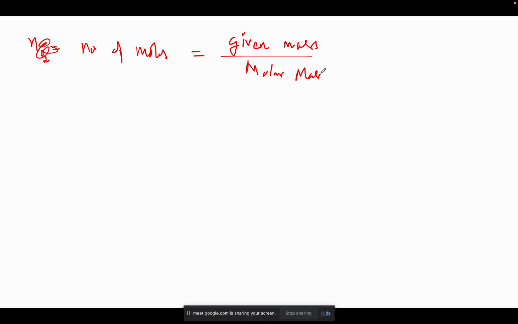We have to calculate the given mass of oxygen, so the mass of oxygen present is the number of moles of oxygen times the molar mass of oxygen.